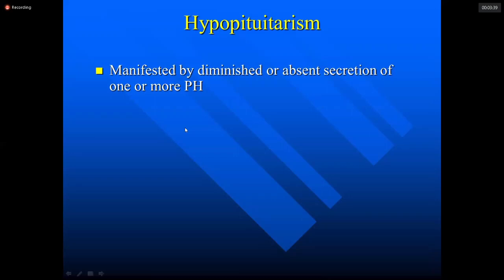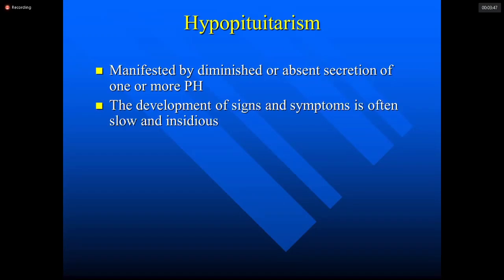Hypopituitarism is a disease entity manifested by diminished or absent secretion of one or more pituitary hormones. And the development of signs and symptoms of hypopituitarism is usually slow and insidious. It doesn't happen acutely, the presentation.